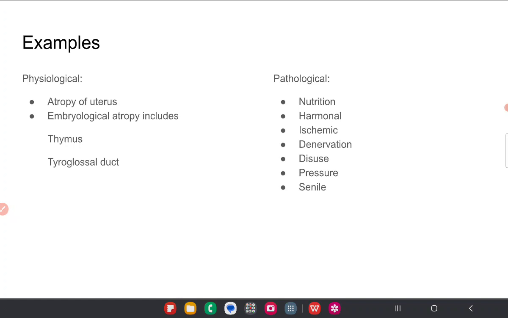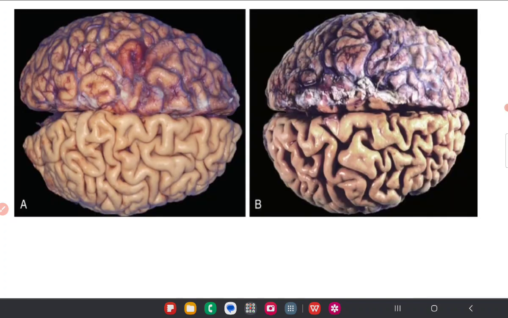So clearly we can see here that in a normal adult brain the gyri and sulci are very convoluted, whereas as age increases and senile conditions take place, the surface area decreases, and the convolutions, sulci, and gyri also decrease. This is an example of Alzheimer's disease as an example of atrophy.